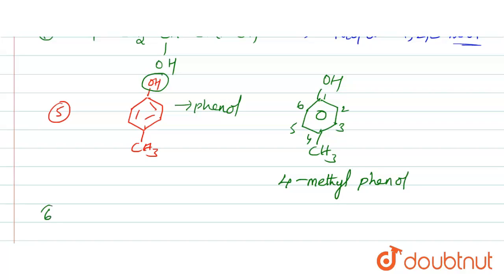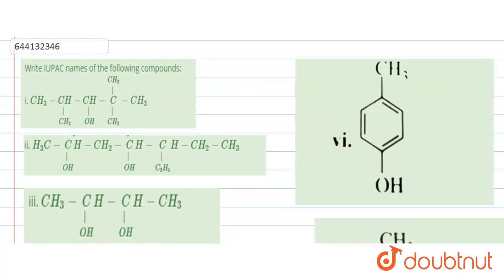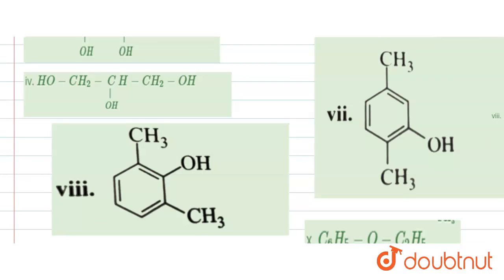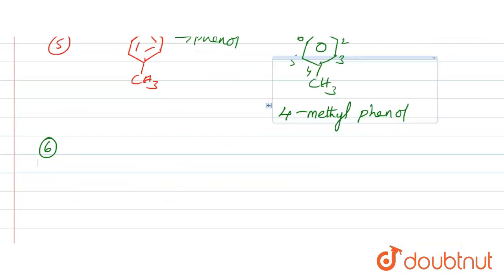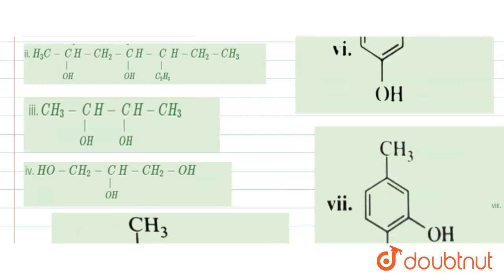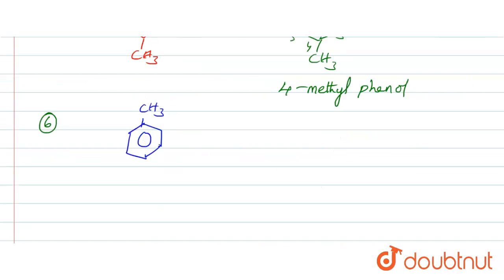Next we have the compound that is dual alkyl groups. We have one OH group. So that is the compound.